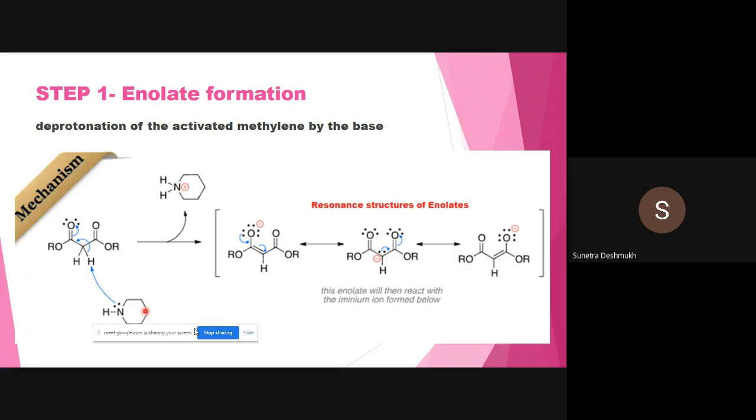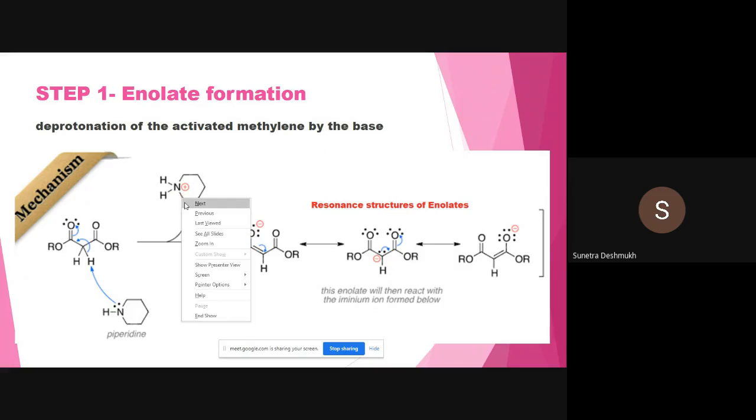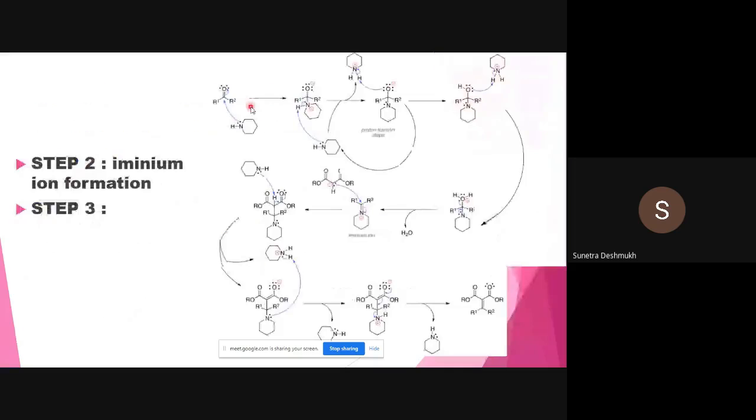This is the acidic catalyst. Nitrogen abstracts a proton from the active methylene site, and piperidine turns into this acidic component. So piperidine is basic, and protonated piperidine is now highly acidic. Okay, so you have an acidic component also in your flask.